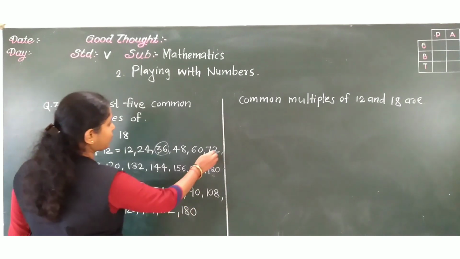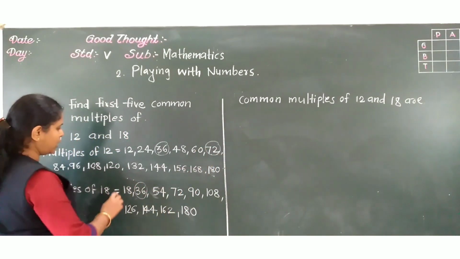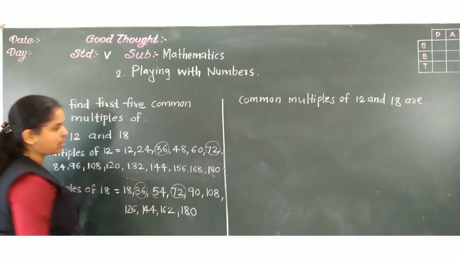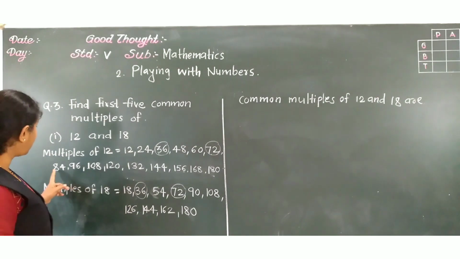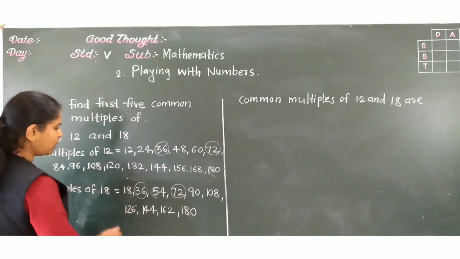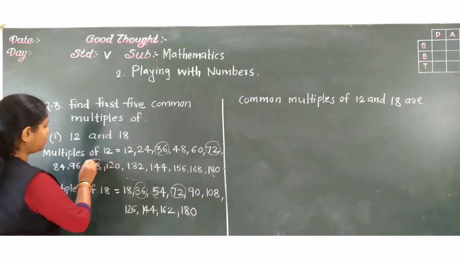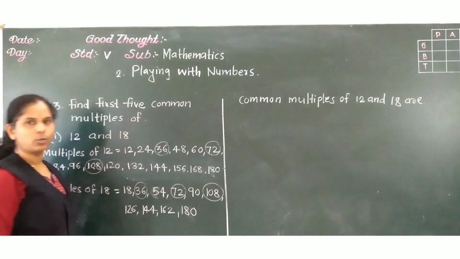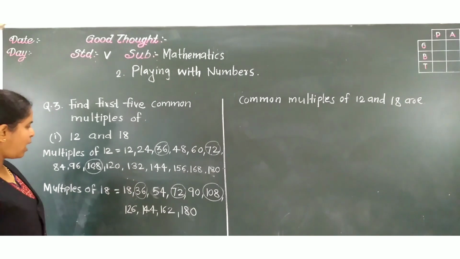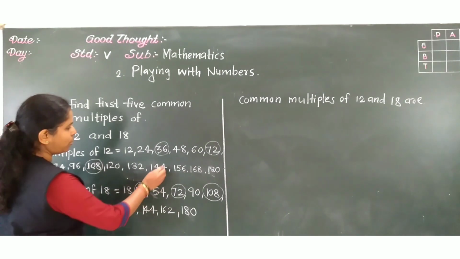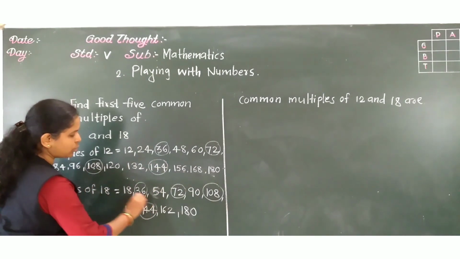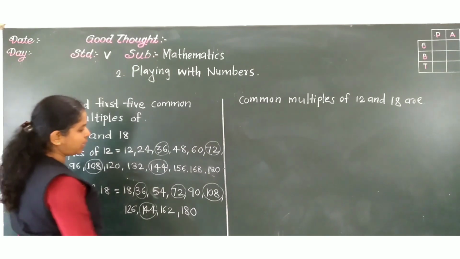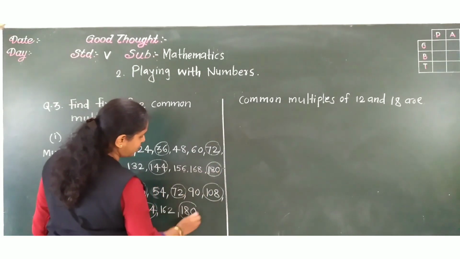After that 12 6s are 72, 18 4s are 72. Got it? Then again this 12 9s are, and here also. After that which number is common? 144, here also 144, and then last 180 and here 180.